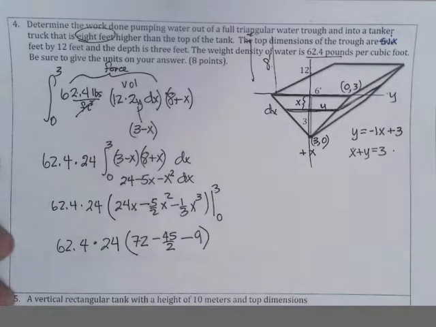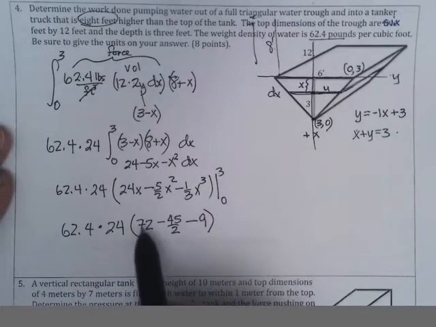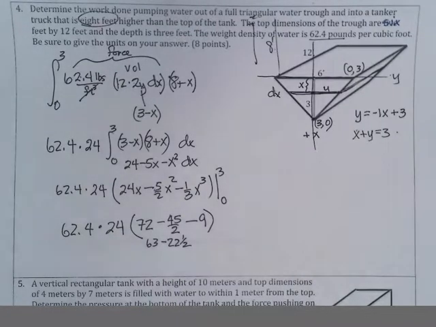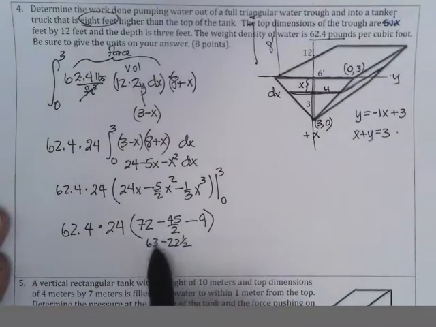And so I get 72 minus 9 is 63, minus 22 and 1/2. So that's 40 and a half.